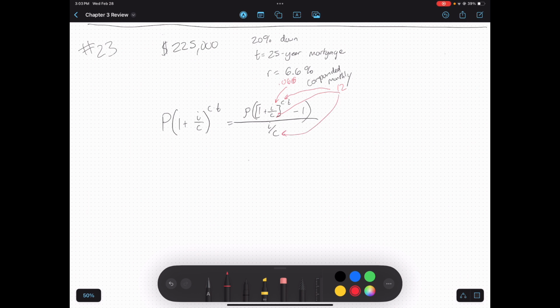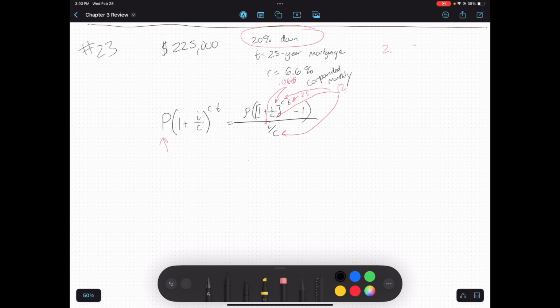Okay. And in this problem, what am I putting in for T? T is going to be 25. And what's my P going to be? Is it the 225? Remember, I'm putting 20% down. So what I have to do first is take 225,000. And I can do this one of two ways.